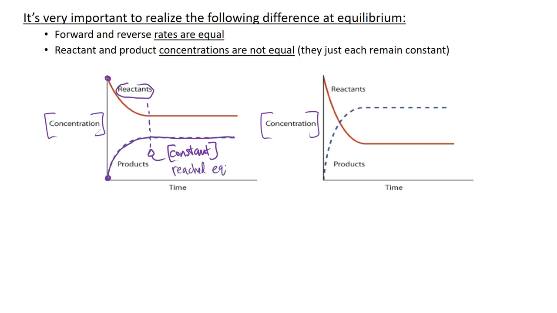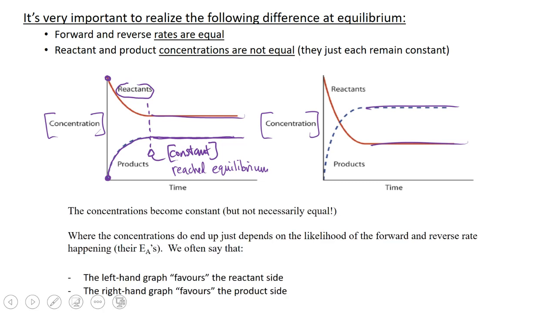Okay, they don't have to be the same concentration. The piles of dirt on the last slide don't have to be the same size piles. They're just going to stay the same size as they shovel them in and shovel it out. Okay, so where they end up, the amount of reactants and products, we don't know yet. These are just random examples, but it totally depends on the reaction you're talking about.